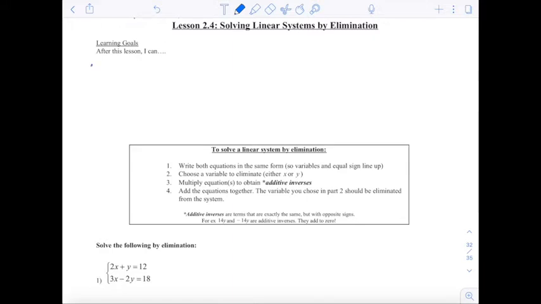What we're going to learn in this lesson is first what the definition of additive inverses is. We want to be able to find the additive inverses of terms in a linear system or a linear equation.